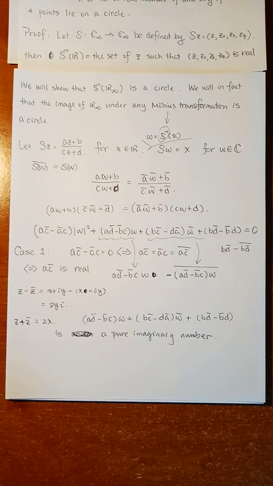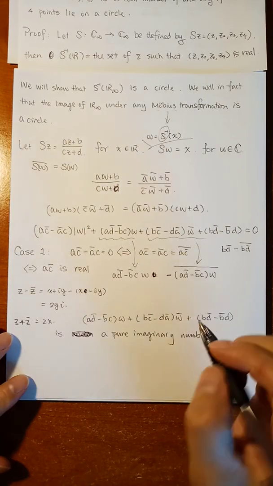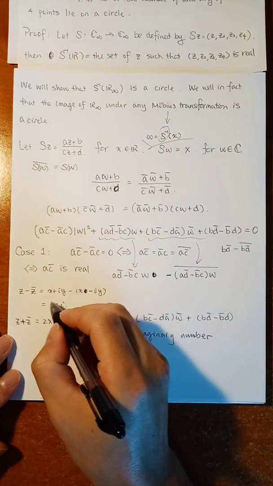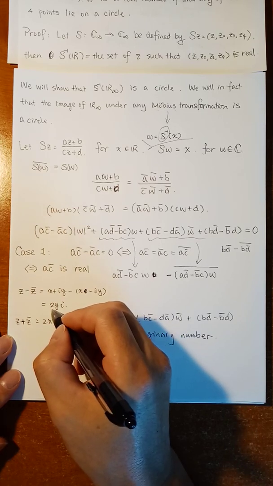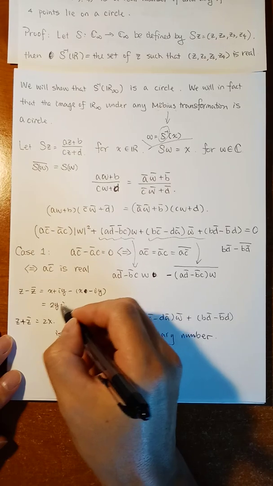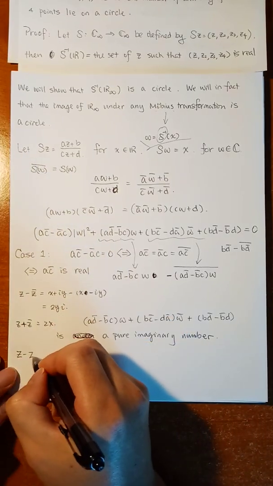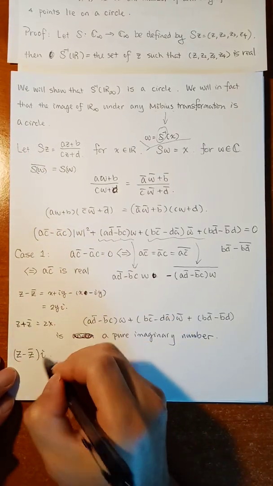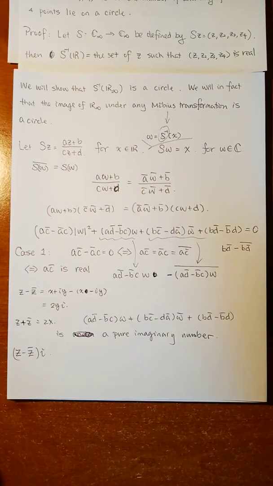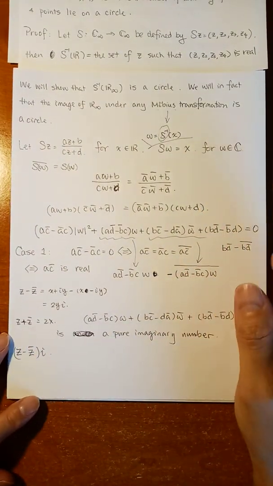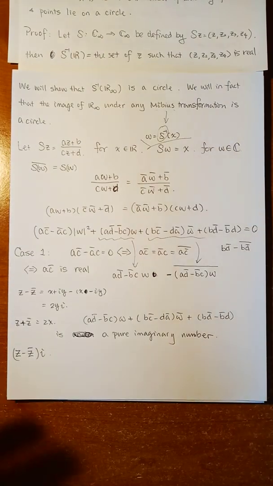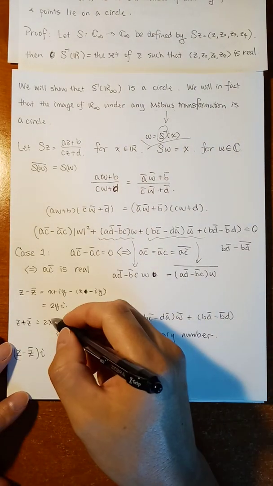How do we get the imaginary part? We multiply both sides by I, and you will have a negative sign.